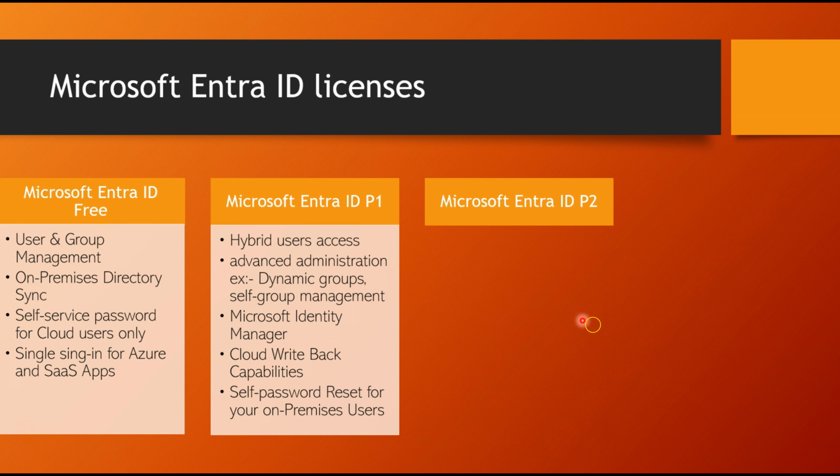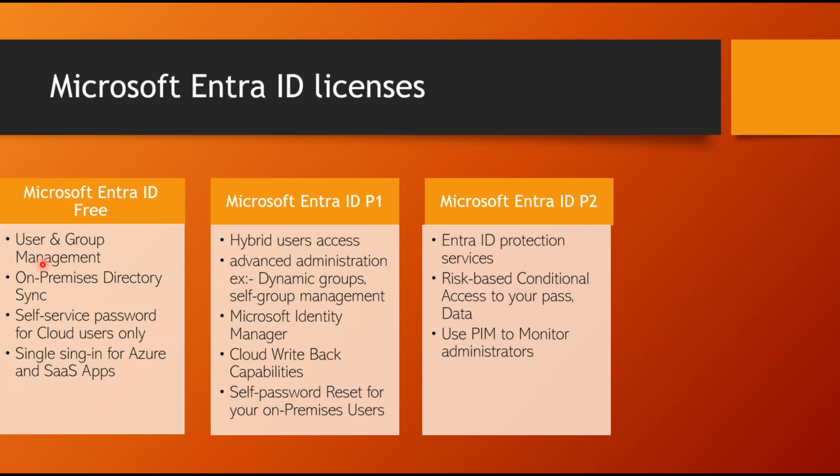And the next type of licensing is Microsoft Entra ID P2. Entra ID P2 offers identity protection services. When we talk about protection services, it covers how the authentication is going to work. If the user is coming from a risky context, sign-in risk or user risk can be assessed. Based on that, it would offer the end user different challenges to authenticate.